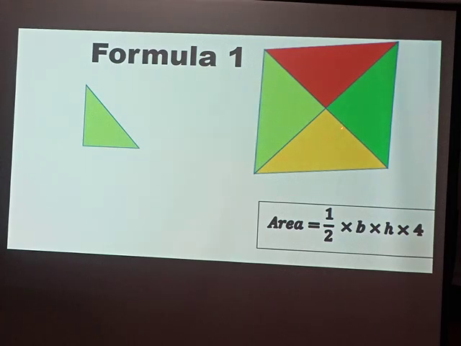I can use these 4 triangles, this red, the green, then this yellow, and this light green. So if I get the area of 1, then I multiply by 4. That will give me the area of the rhombus that I may feel like finding.